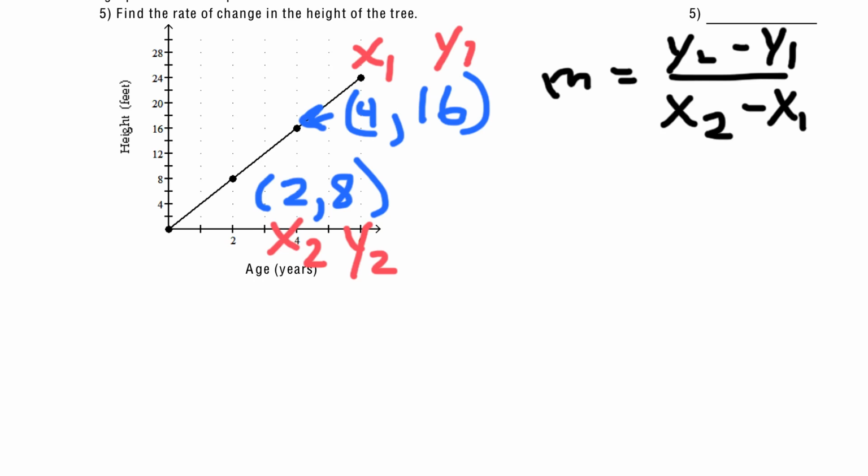I'll just plug in the information. I've got my y2 is 8, so 8 minus my y1, which is 16, and that's going to be over 2 minus 4.